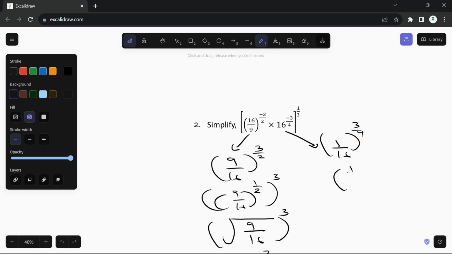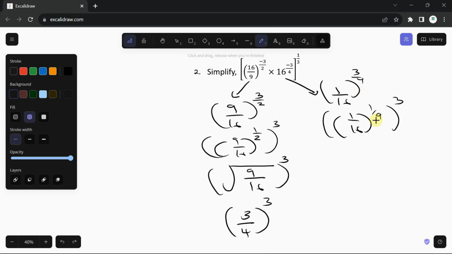Also, I could say 1 over 16 raised to the power of 1 over 4 all cubed. So if I want to resolve this, it's like saying take the fourth root of 1 over 16 all cubed. Fourth root of 1 over 16 is 1 over 2, because 2 times 2 times 2 times 2 will give you 16, and 1 times 1 times 1 times 1 will give you 1, right? And if I cube this, this is what I'll have.